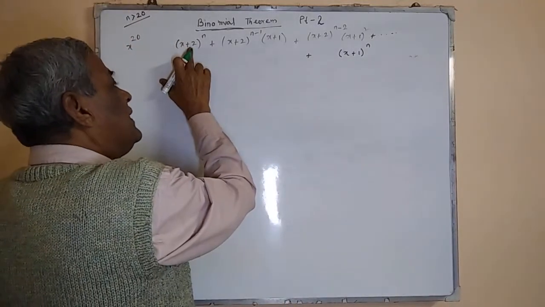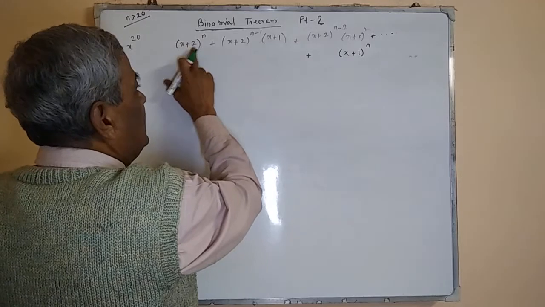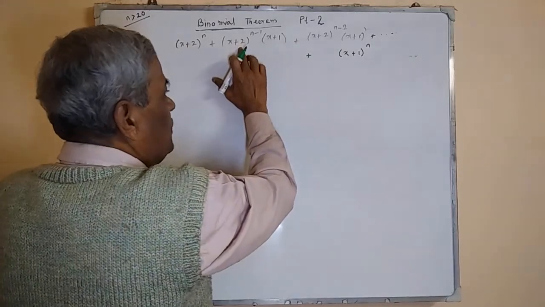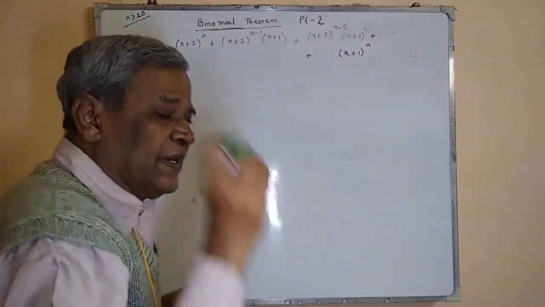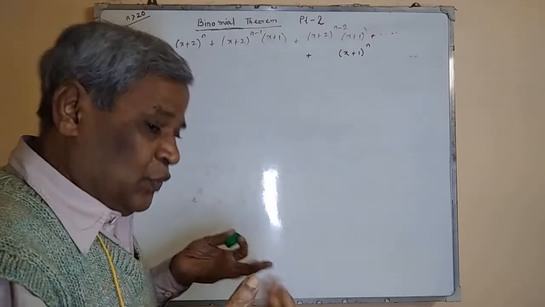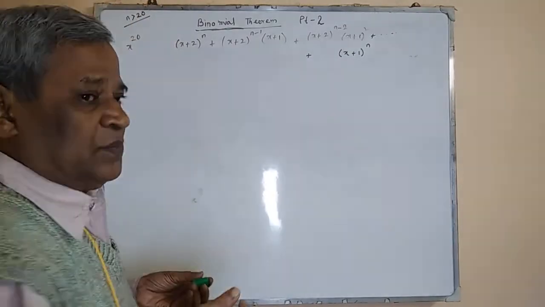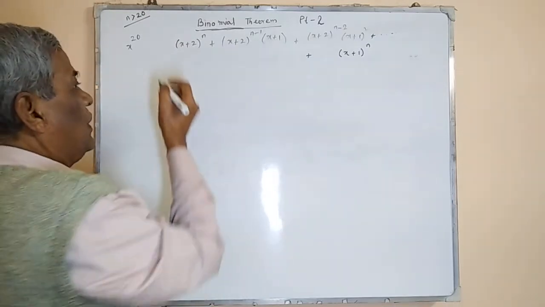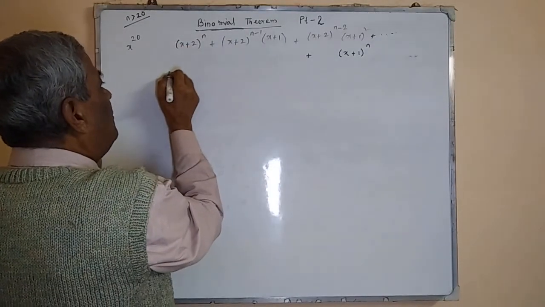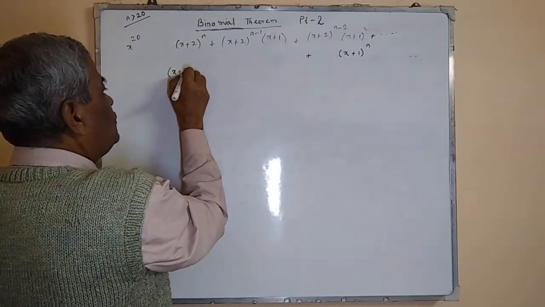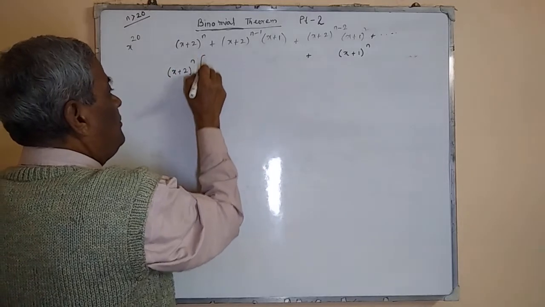So this must contain x to the power 20, and every term must contain x to the power 20. So we have to collect one by one. It is not possible. Then I take (x + 2)^n common.